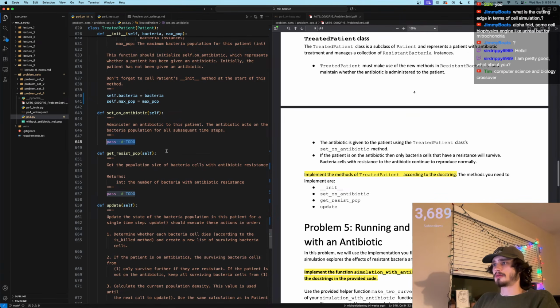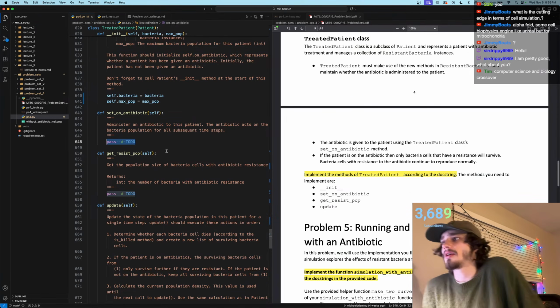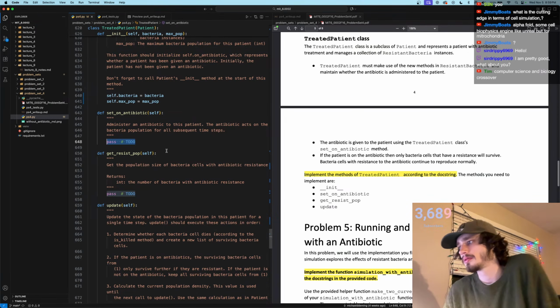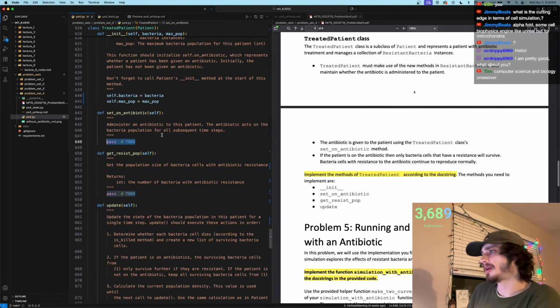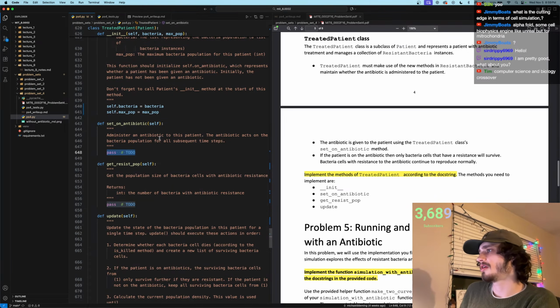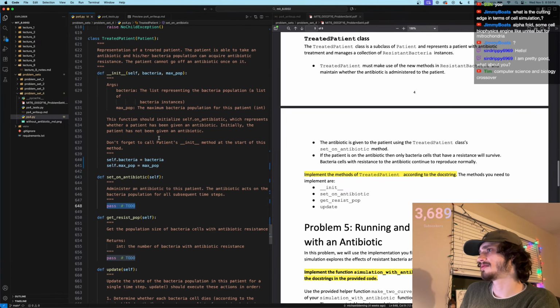Okay, so the set on antibiotic method. What is this? Administer an antibiotic to the patient. The antibiotic acts on the bacteria population for all subsequent time steps.